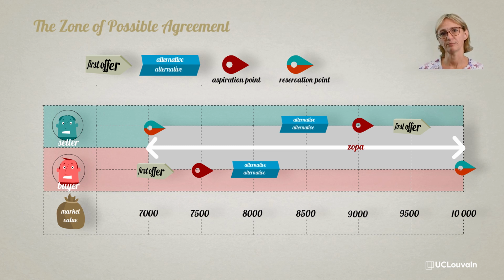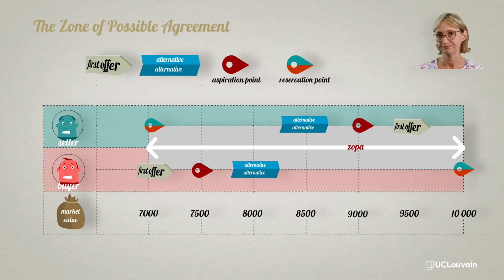Generally, this zone of possible agreement is positive, as it should be in the figure that you drew. A positive ZOPA means that the seller's limit or reservation point is lower than the buyer's limit or reservation point.